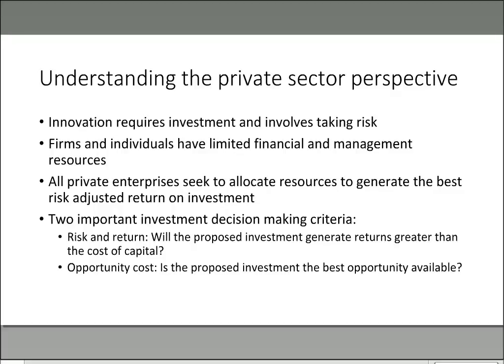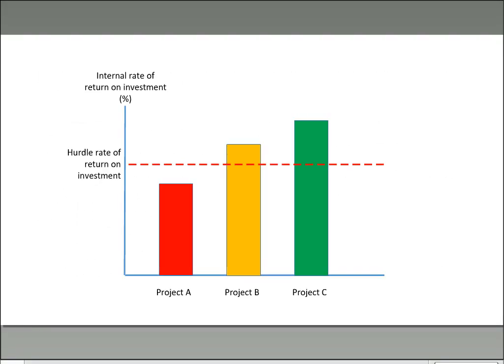While we found that there is always consideration of whether there are potentially profitable business opportunities, this is not entirely sufficient. Here I'd like to quickly show three potential projects that we're trying to promote, all of which are perfectly profitable. But when we look not just at profitability but also at the return on investment they're going to generate, we see that project A does not actually reach the hurdle rate of return on investment that an investor would demand, which means it's automatically rejected.